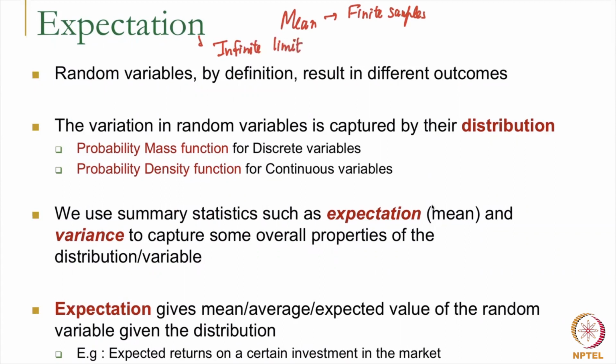To give you an example, let's say you have 2 people within a room, and one of them is 4 feet high and another is 6 feet high, then the mean is simply 5 feet. But if you ask what is the expected height of a human being within India, that would be expectation. It's effectively taking the mean of every person in India.